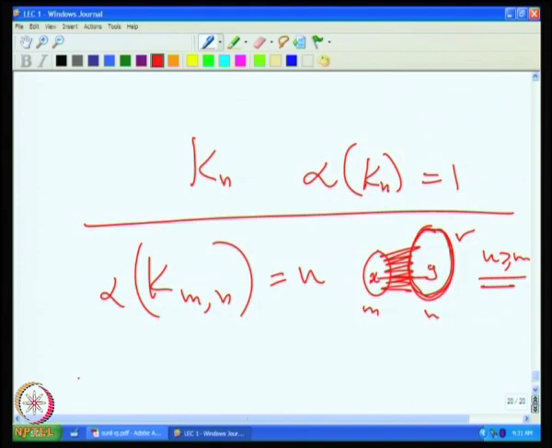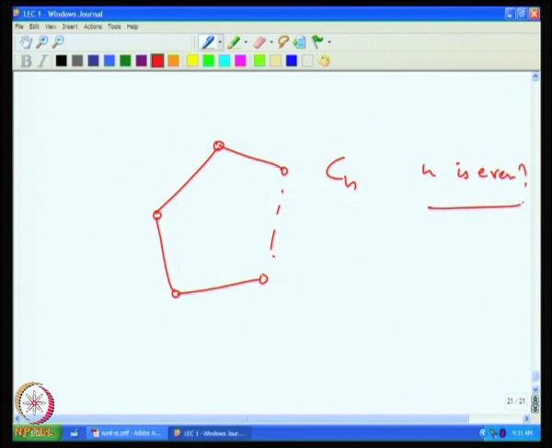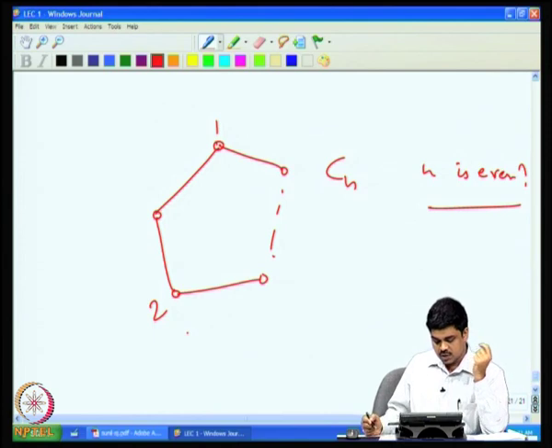Now, of course, we can also ask what is the biggest independent set in a cycle Cn. When n is even, of course, we can take vertex 1, then vertex 3, like that, all the vertices skipping alternate ones. So, we will get n by 2.